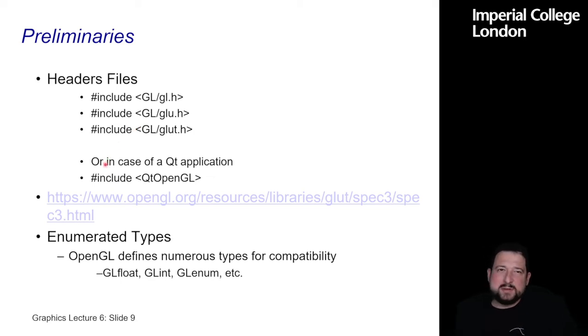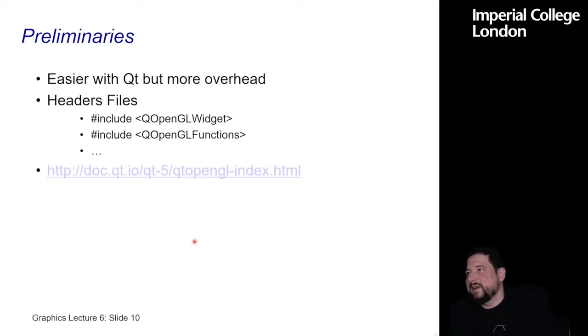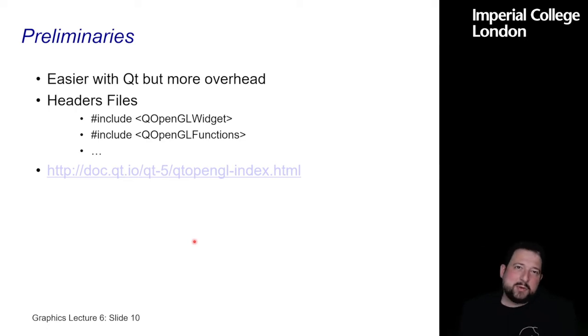Qt is probably the most operating system independent variant here, so you would just include Qt OpenGL and you get everything you need to run GL commands. Still, it has more overhead. So Qt is also not completely free, so it comes with a lot of overhead. You need to download several gigabytes to get just the framework.